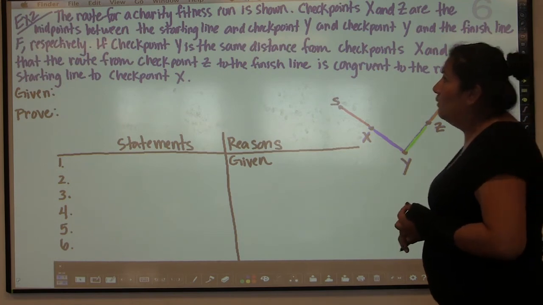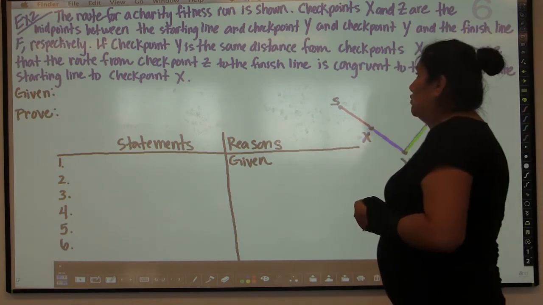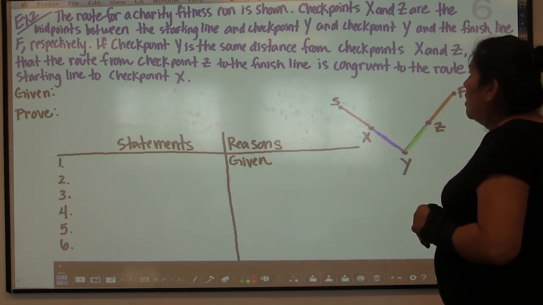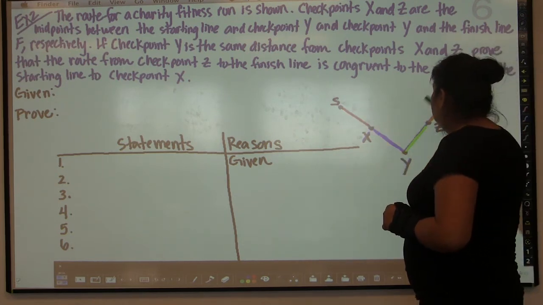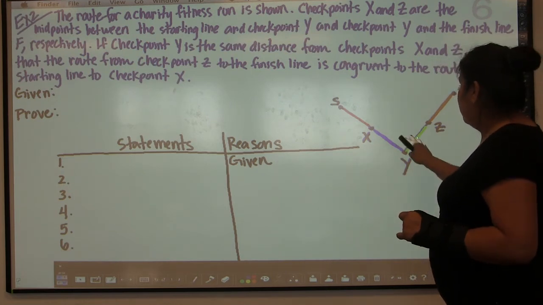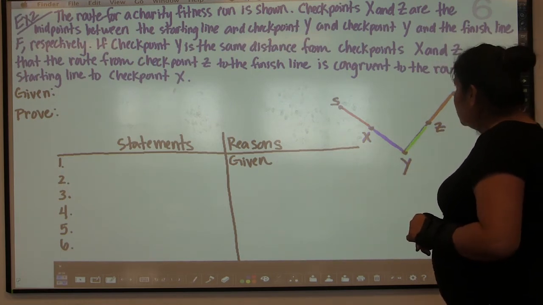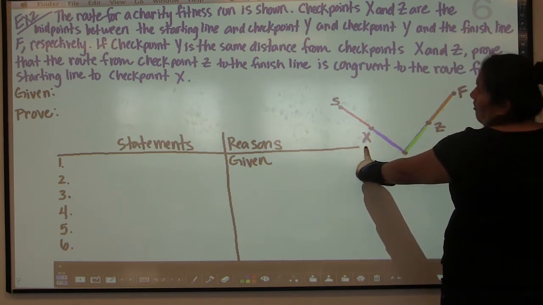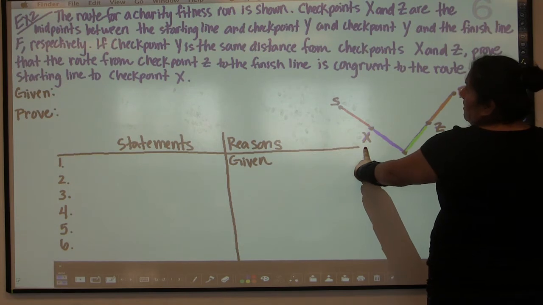It says the route for a charity fitness run is shown. There's all kinds of streets; this is like the corner of a town. If you look at the book, you'll see the whole picture, but this is basically what it looks like. It says checkpoints X and Z are the midpoints. Between what?